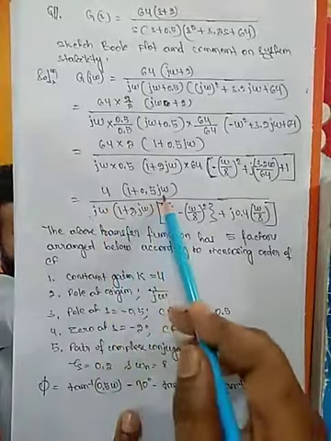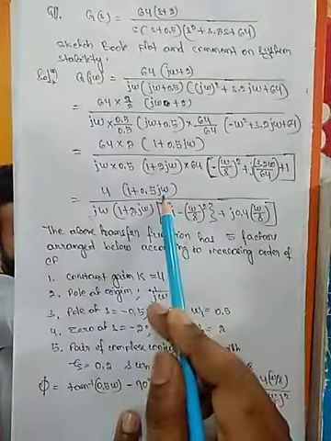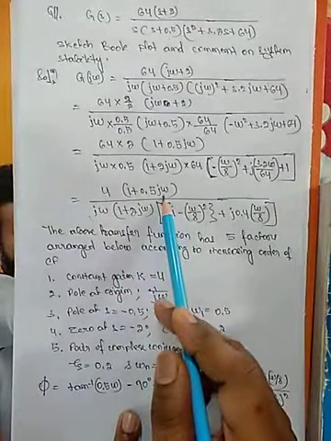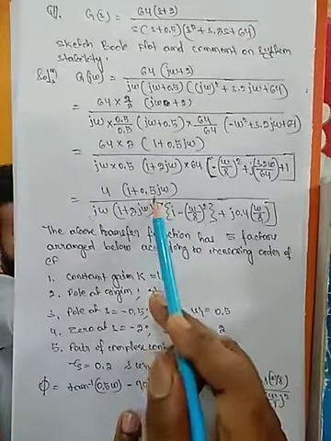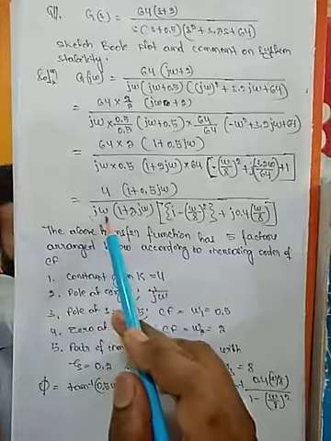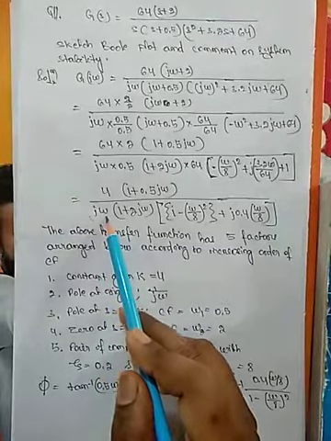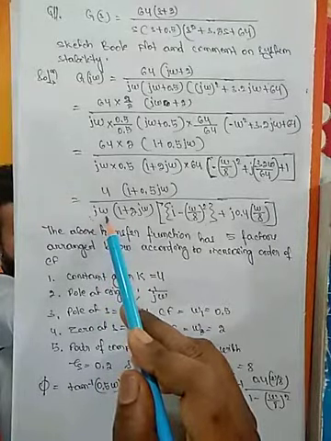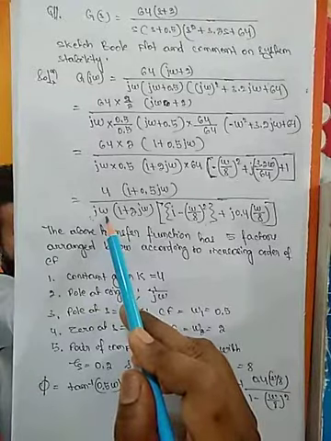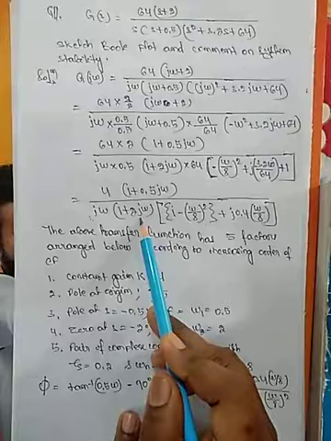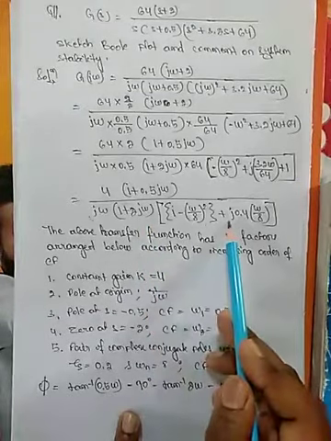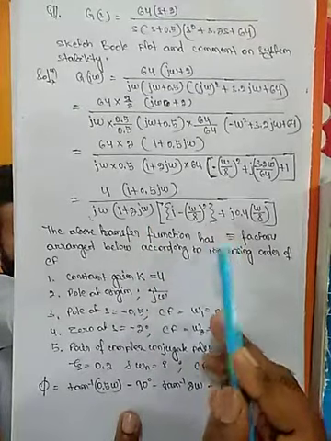For this factor, the corner frequency is 1 by 0.5, that is 2. For this factor j omega, there is no corner frequency. For this factor it is 1 by 2, that is 0.5, and for this factor the corner frequency is 8.